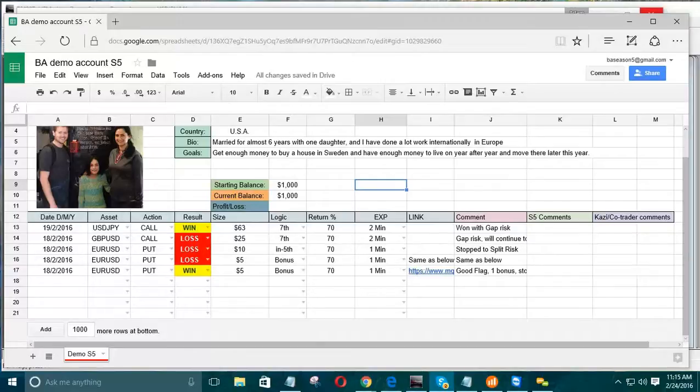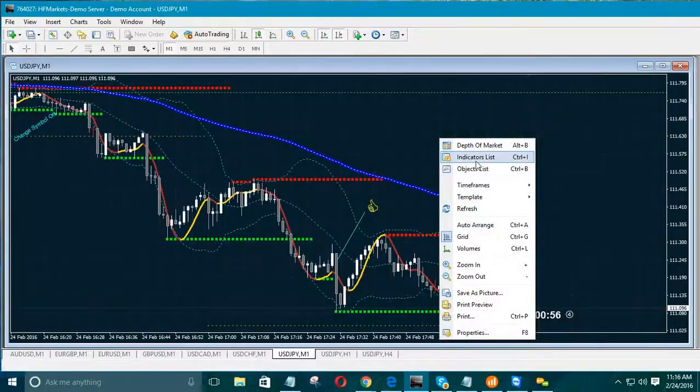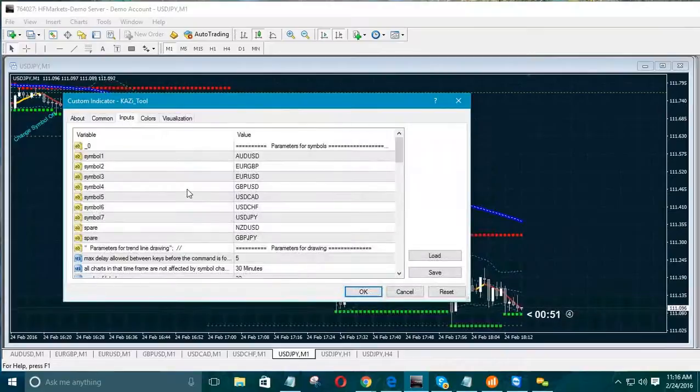Adam, about the size of the thumbs up from Kazi Tool, it's so small I can't find settings to increase that in the Kazi Tool. Okay, let me see if there's settings here. Indicator list, Kazi Tool, inputs.